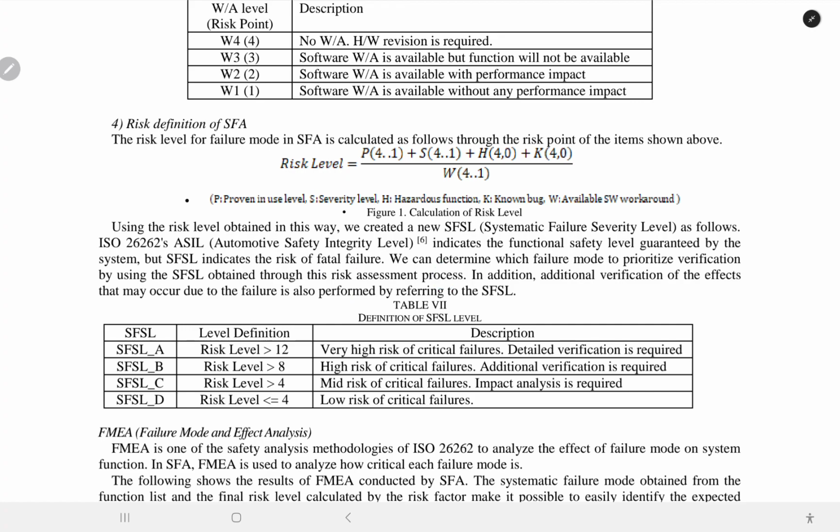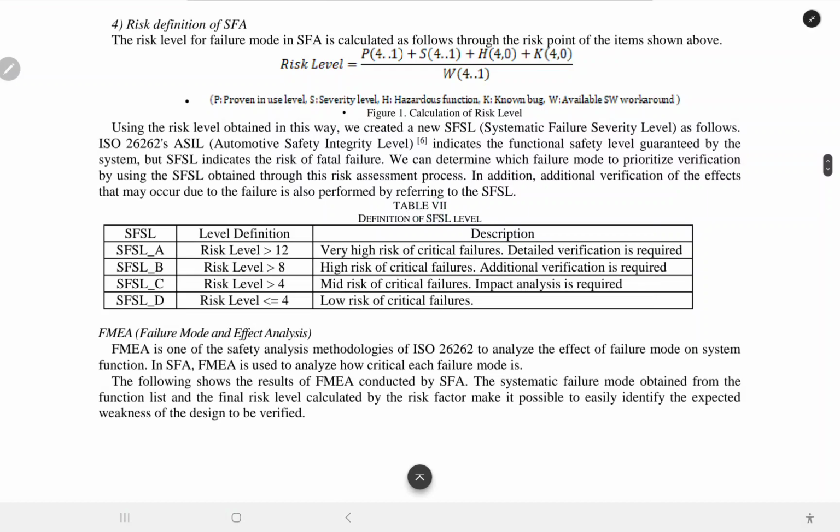In addition, additional verification of the effect that may occur due to the failure is also performed by referring to the SFSL. Table 6. Definition of SFSL level.